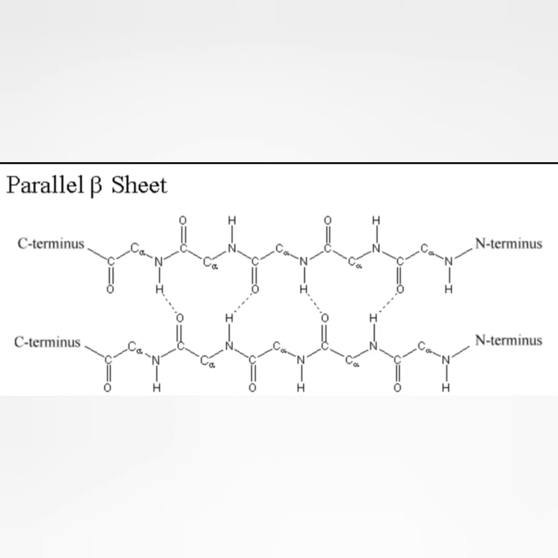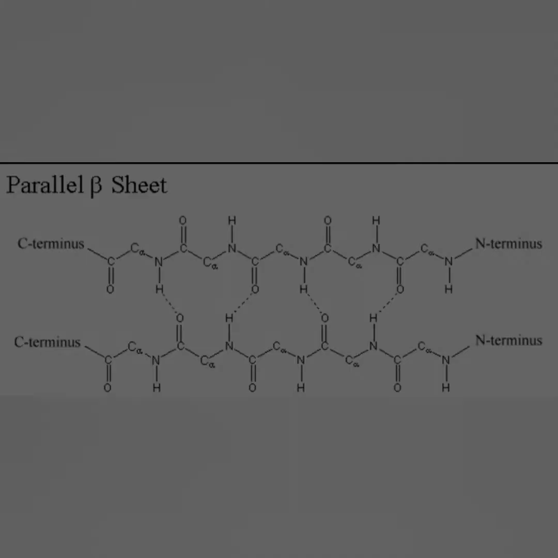As you can see in this figure, the adjacent polypeptide chains in the beta pleated sheet can be either parallel, as in this case where I am showing you parallel beta sheets, or anti-parallel, depending on whether they run in the same direction.